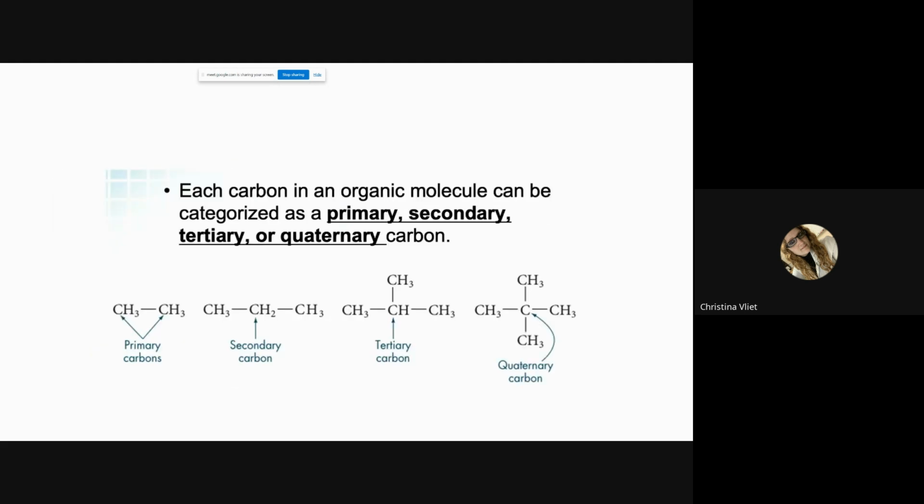All right. So the next thing is just because I'm not exactly sure where to place this information. It actually becomes really important in the later course, not really so much here. But carbons can be categorized by how many other carbons they're directly connected to. So a primary carbon is a carbon that's only directly attached to one other carbon.